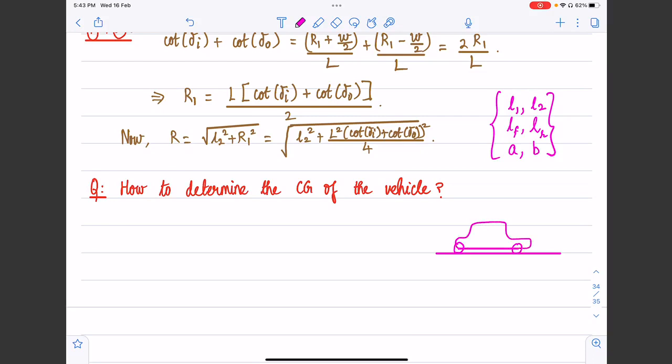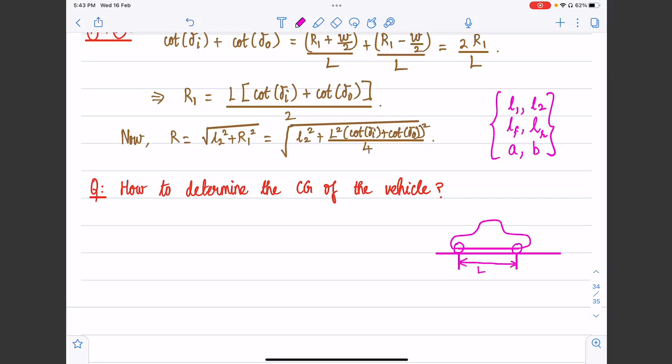I think I drew it the other way around, one minute, sorry. Okay, so let's say this is the front of the car, and this distance is going to be equal to the wheelbase L.